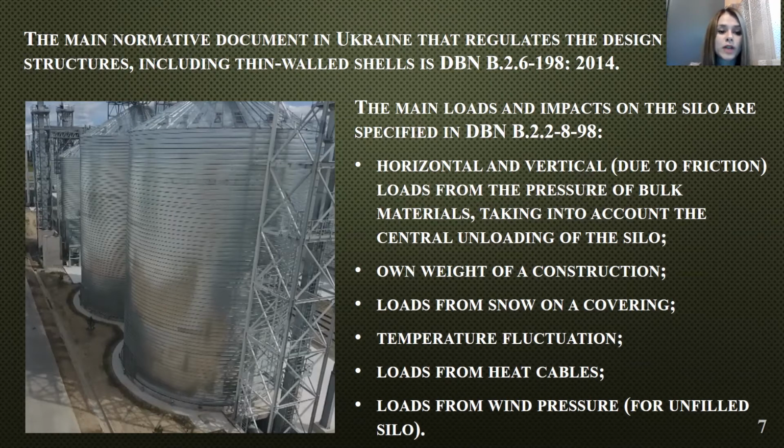The main loads and effects on the silos are horizontal and vertical loads from the pressure of stored materials, overweight of a construction, loads from snow on a covering, horizontal pressure due to temperature differential, loads from heat cables, load from wind pressure. These loads are temporary except for its own weight.